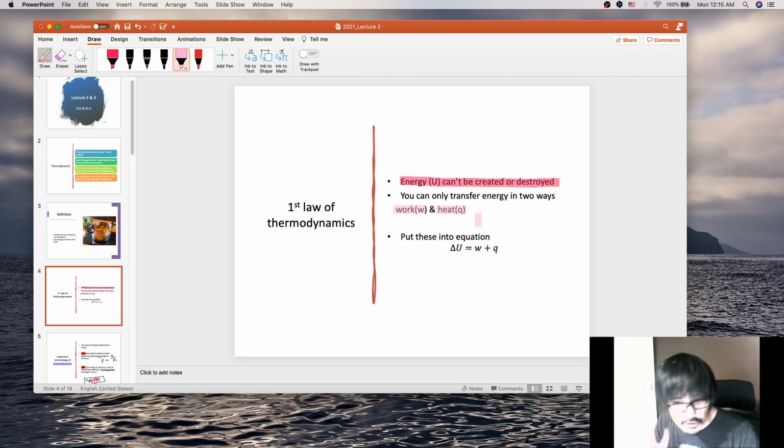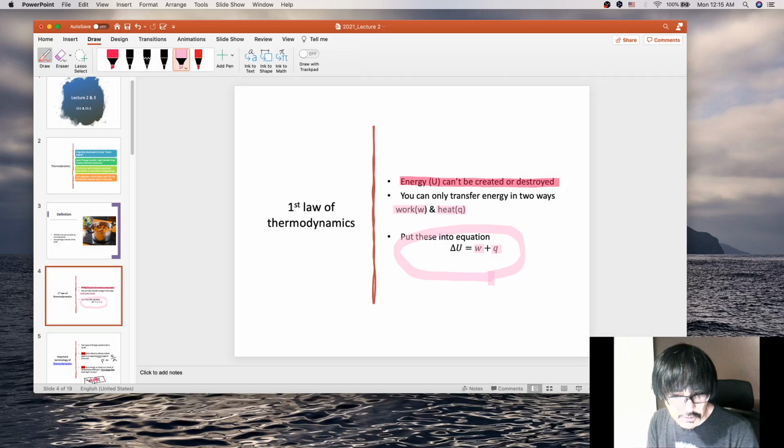Those are the only two ways of transferring energy. Whenever the system changes its energy, the change has to come from the transfer of energy in two different kinds, work and heat, because you can't create or destroy energy. So that right there is the first law.